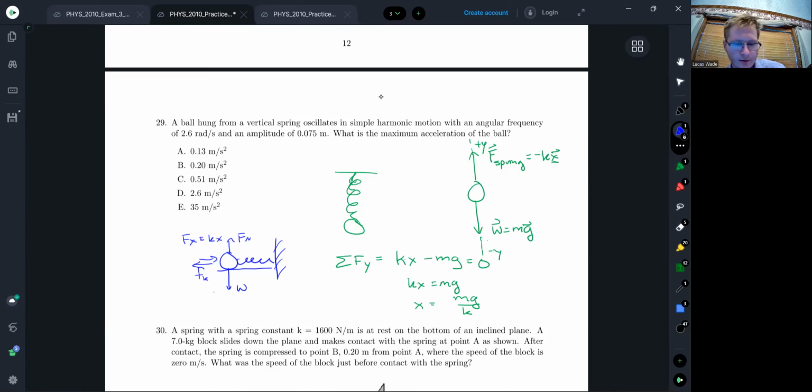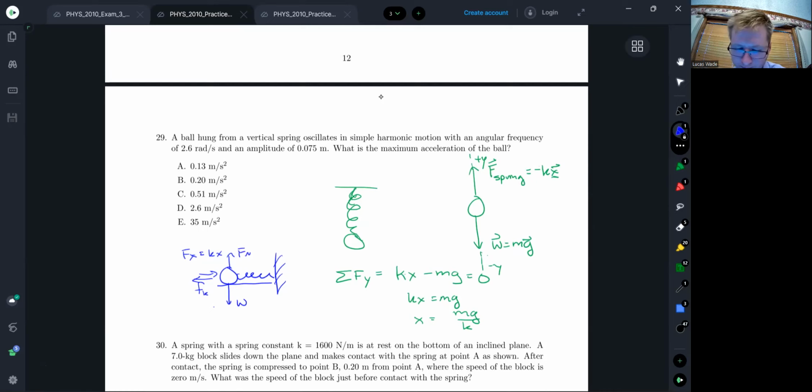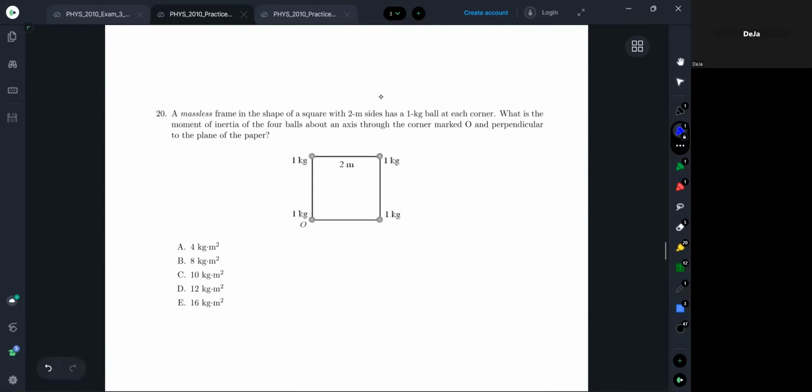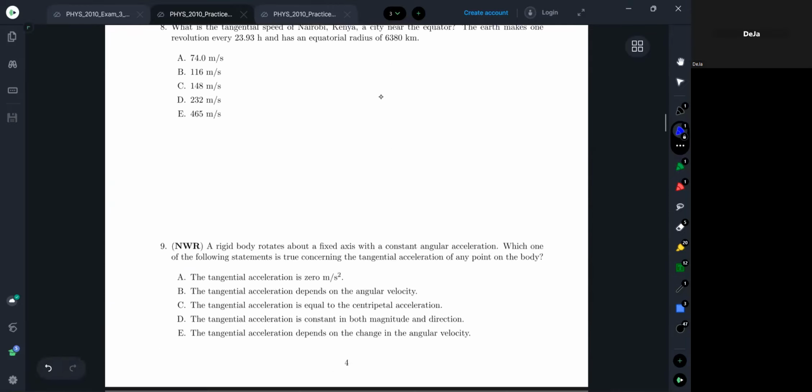Okay, so are there specific practice problems we want to go over? Number 5. I had just taken a guess at it and got it right, but I'm not sure exactly how to go about getting it.